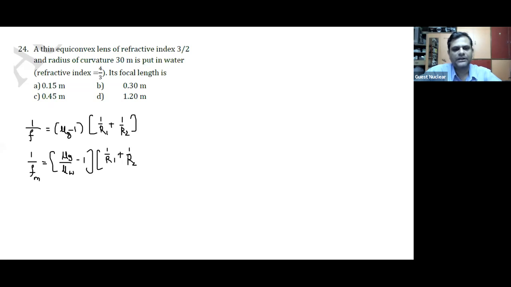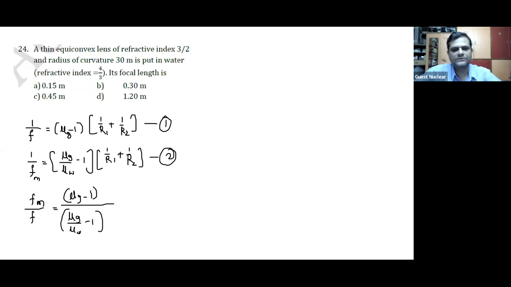Calling these equation 1 and equation 2 and dividing them, we get fm upon f equal to (mu g minus 1) in the numerator upon (mu g upon mu w minus 1) in the denominator. Now we can put in the values.